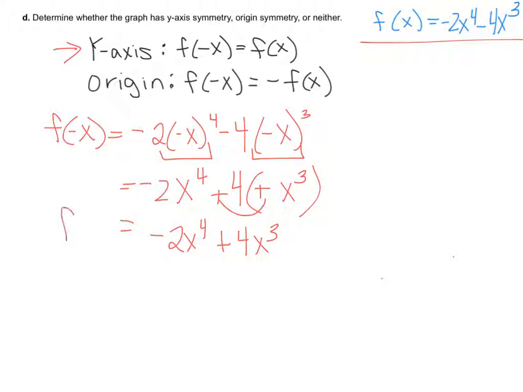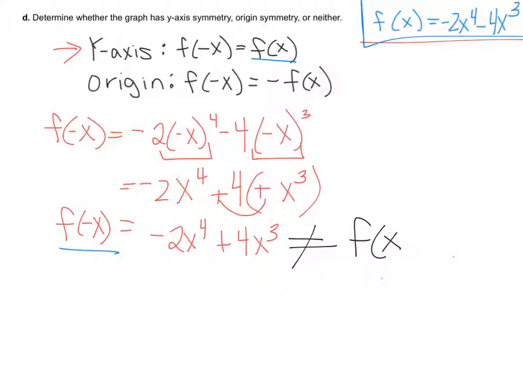And this equals f of negative x. Now we want f of negative x to equal f of x. And if we look up top, f of negative x does not equal f of x, and that's because the middle signs are different.